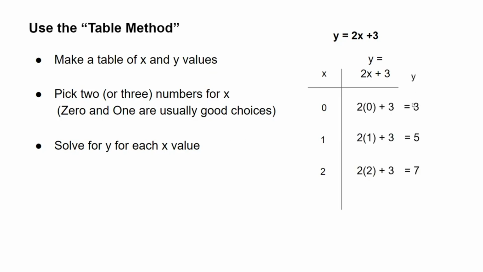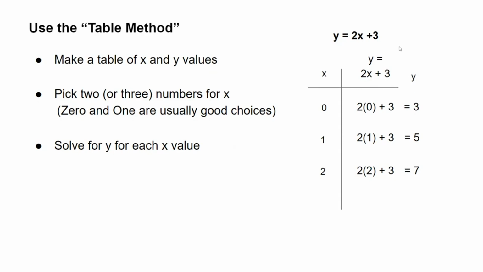And that will allow us to determine these values. See, 2 times 0 plus 3, y must be 3 when x is 0. When x is 1, 2 times 1 plus 3 is 5. When x is 2, 2 times 2 plus 3 is 7. Hopefully you see that pattern. Each time we increase x by 1, y increases by 2.